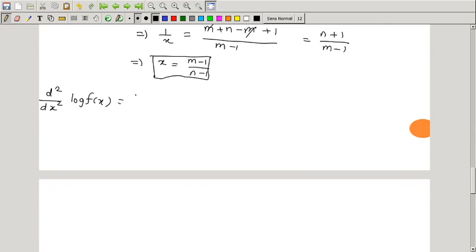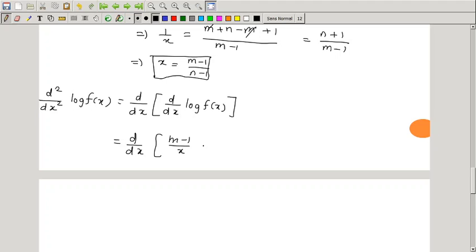That means d/dx of d/dx of log of f of x. So here the first derivative is (m minus 1) upon x minus (m plus n) upon (1 plus x).